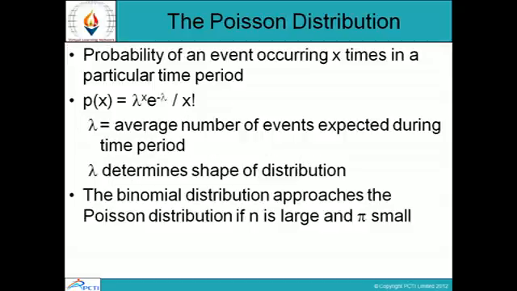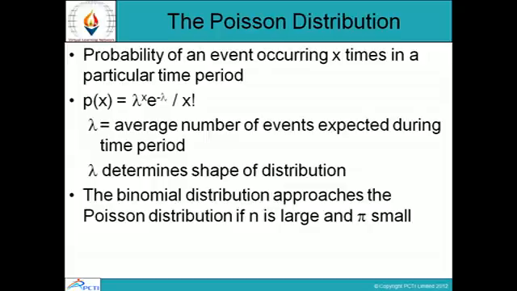The Poisson distribution gives the probability of an event occurring x times in a particular time period. So P(x) equals e to the power minus m, m to the power x, upon factorial x, where m equals the mean of the distribution, and the value of the mean is calculated by n multiplied by p, that means m equals np.